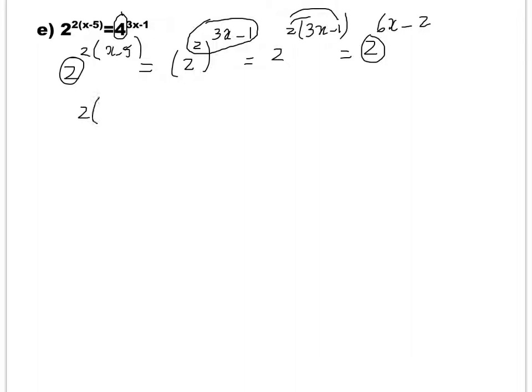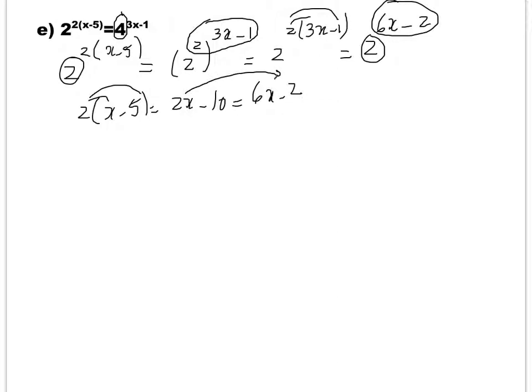So 2 times x minus 5 is equal to, I'm going to expand 2 times x minus 5 as 2x minus 10 is equal to this exponent, which is 6x minus 2. This time, since 6x is positive, I'm going to move 2x to the right and negative 2 to the left. So I get 6x minus 2x, because 2x becomes negative, is equal to minus 10 plus 2.